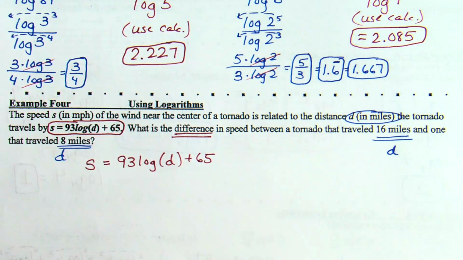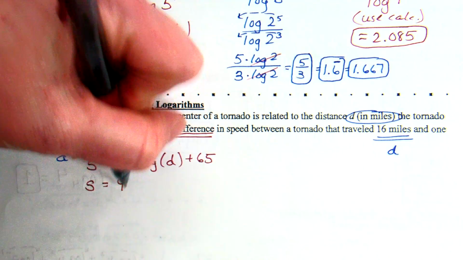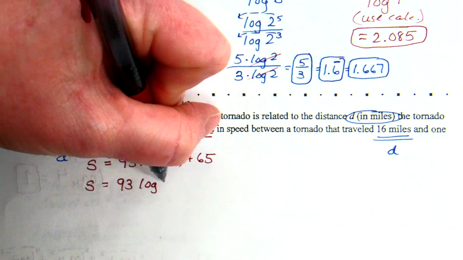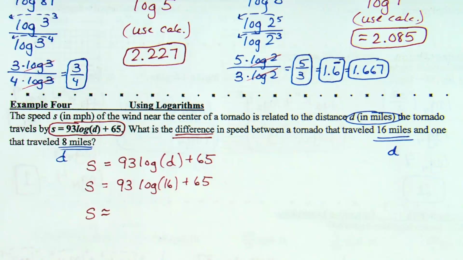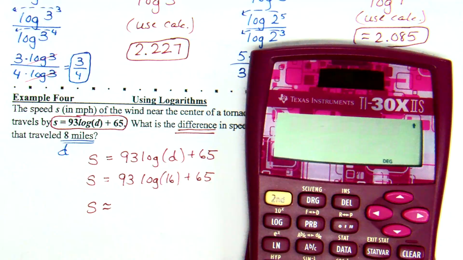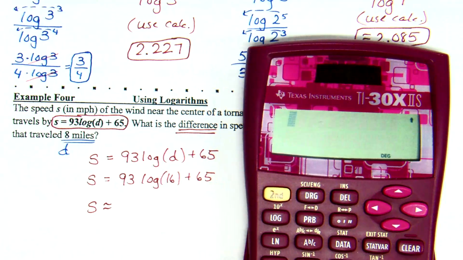So, if I do 93 log of 16 plus 65. Can your calculator do that? Yeah, it's log base 10, so calculator can do that. My calculator is talented enough that I can type that whole thing in as is.